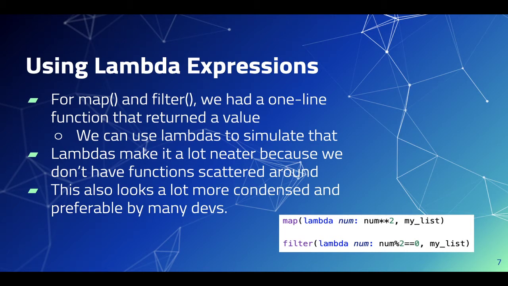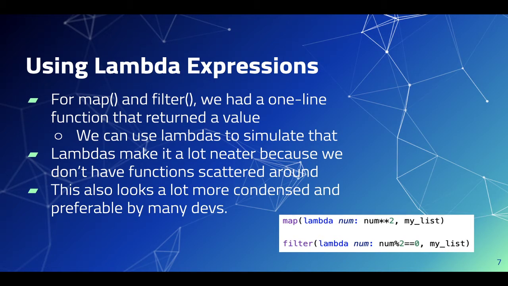So lambda num, we take in a number, and then we return number squared. We've already covered the syntax and why that works. Just like the normal map function, it sees a function, it applies that function on every element in the list, and then we finally get our product. We would have to convert this to a list, and we would have a list that has all squared numbers. And the same thing for the filter.